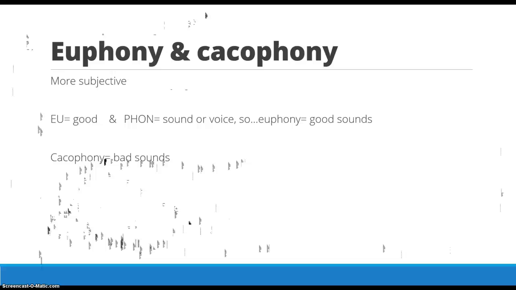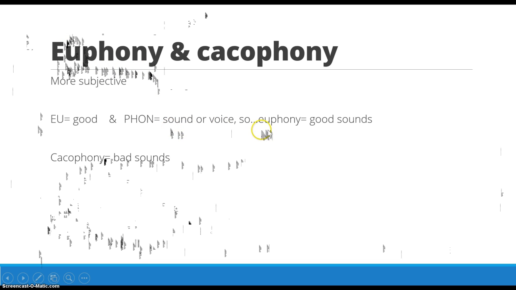Euphony and cacophony. These are more subjective sound devices. It's pretty easy to look at a piece of paper and point out, okay, here are repeated consonants or here are repeated vowels. Euphony and cacophony are a little bit different. So if we break down the word euphony here, this EU by itself means good or pleasant. And the PHON can mean sound or voice.